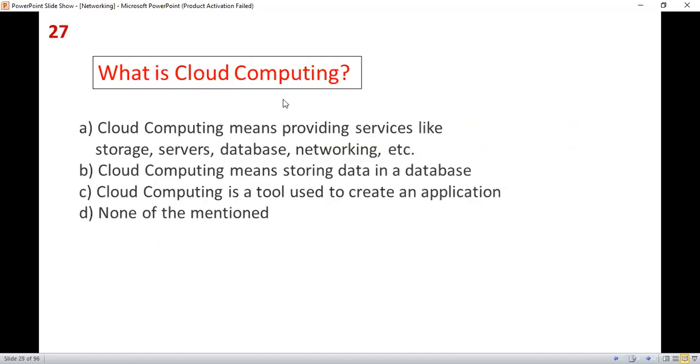Okay. The next question is, what is cloud computing? The options you can see: cloud computing means providing services like storage, server, database, networking.